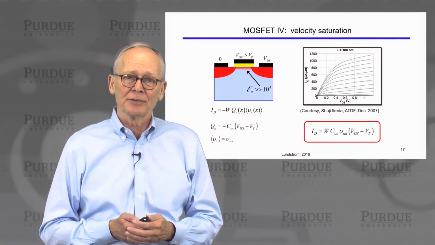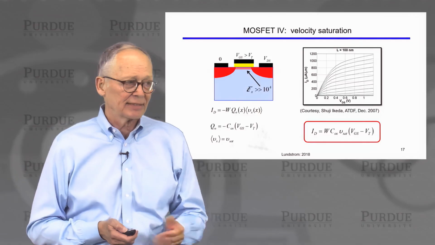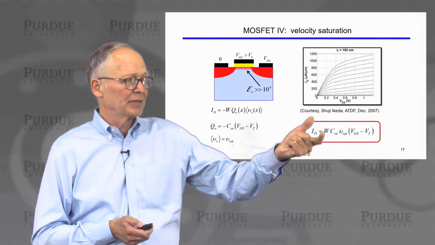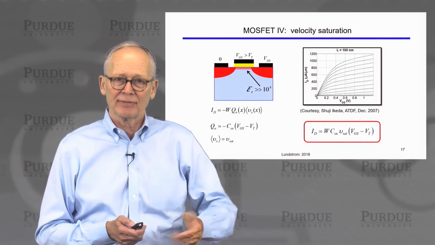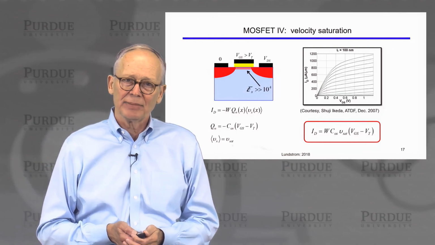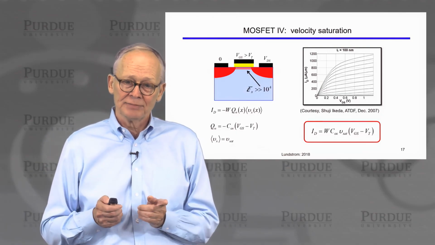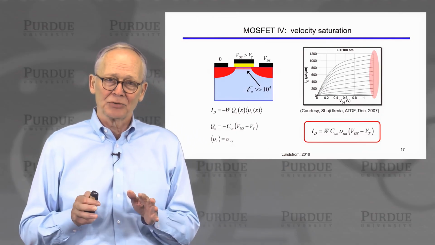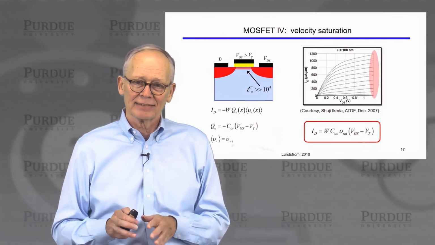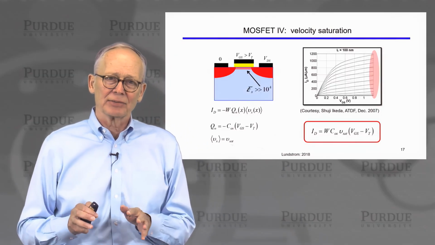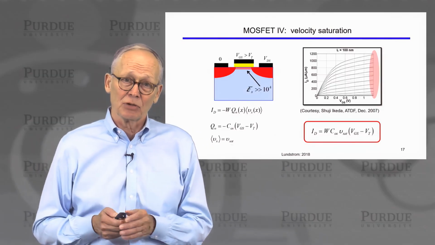Put them all together, and we get an IV characteristic. The current is width times oxide capacitance times saturated velocity times VGS minus VT to the first power. And this describes the so-called velocity saturated devices, the typical IV characteristics that we see these days and have for a long time.